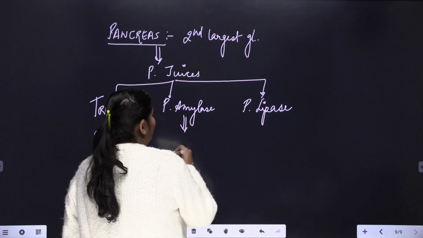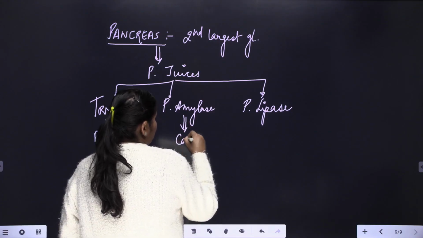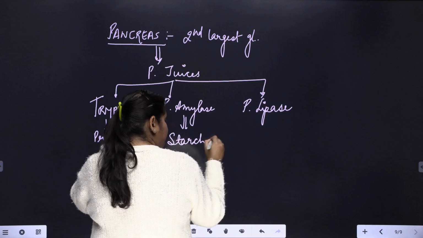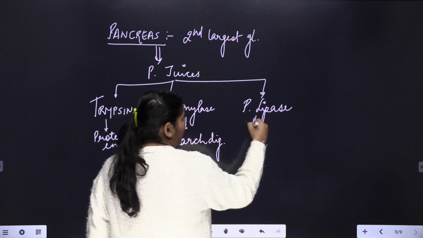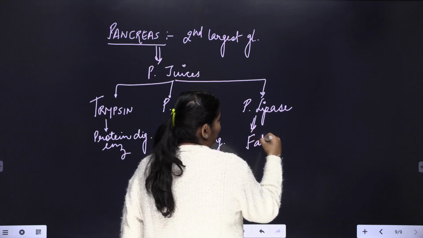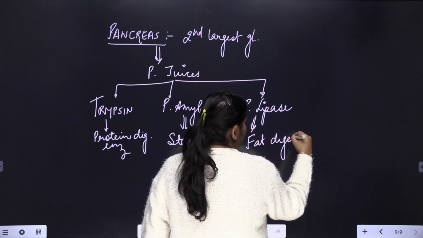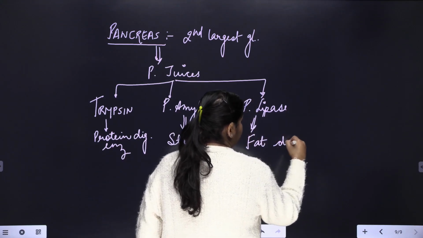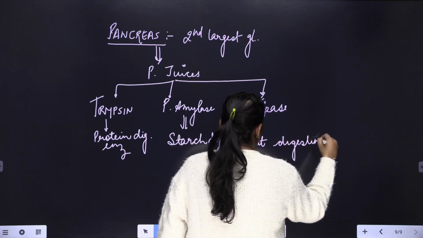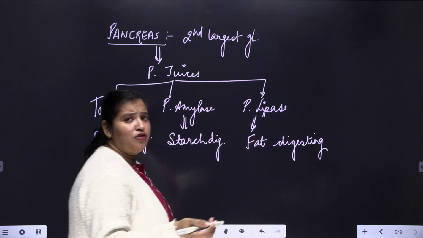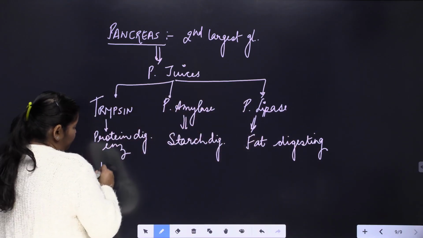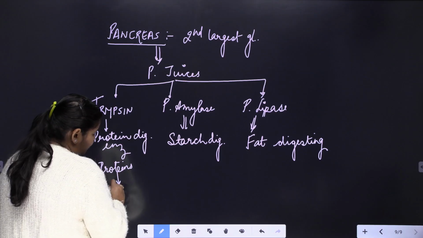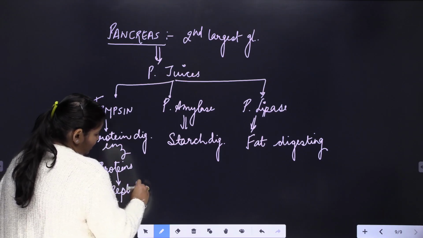So, pancreatic amylase is starch or carbohydrate digesting, and pancreatic lipase is fat digesting. Since we are about to complete the process of digestion, the proteins get converted into simpler forms, which are the peptides.